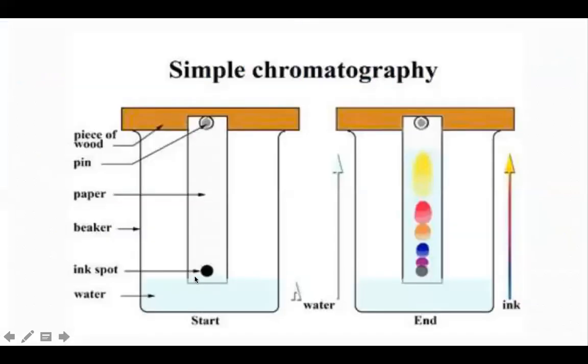Let me show you. For example, this is a chromatographic tank, and this is the paper which is used for chromatography. Here, you use the mixture of the compound dissolved in a solvent, and you inject a few microliters here.